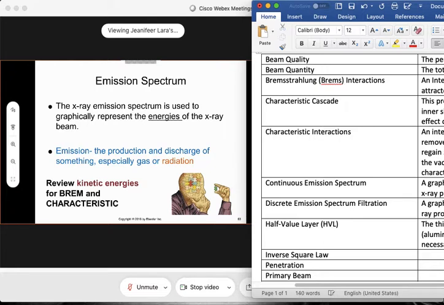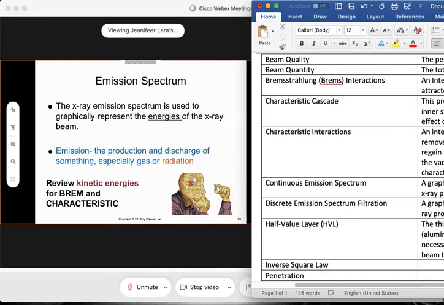Let's see. The filament electron interacts with one of the electrons of the tungsten anode in one of the shells, and it hits one of them and knocks it out of the orbit.